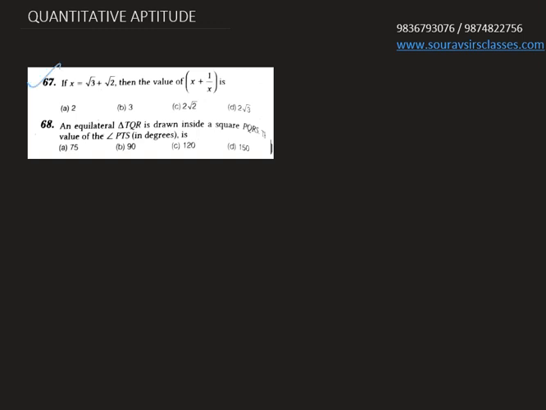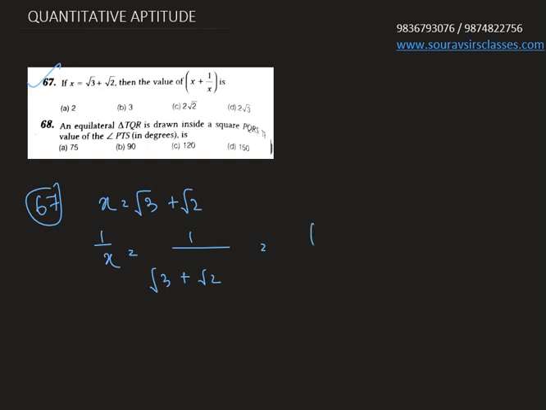If x is root over 3 plus root over 2, then the value of x plus 1 by x is what? x is root over 3 plus root over 2. Therefore, 1 by x is 1 by root over 3 plus root over 2.